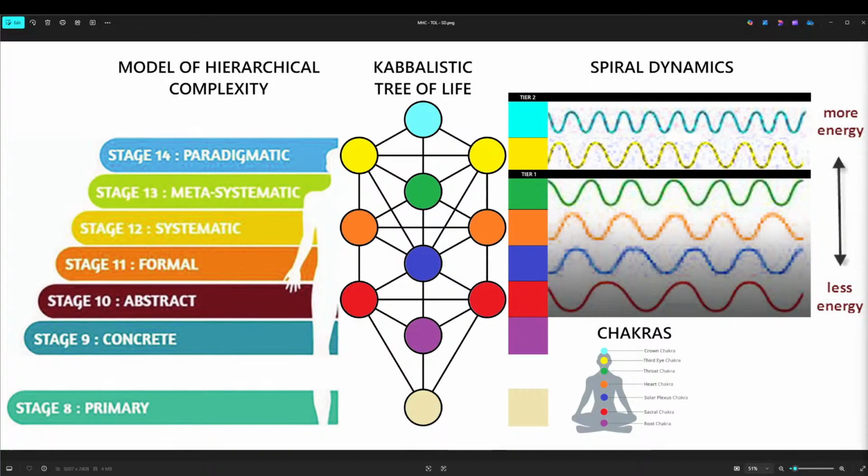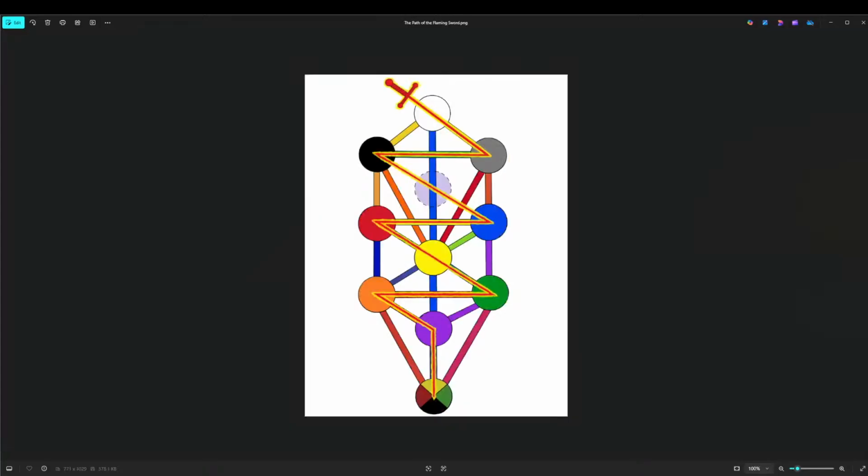The little pathway, I guess it's called the path of the flaming sword, is the diagram for the Kabbalistic tree of life, the little path that you're supposed to follow through it. I'm not super familiar with it yet, but that's the pattern that you follow as you progress from the lower to the higher stages on the tree of life.